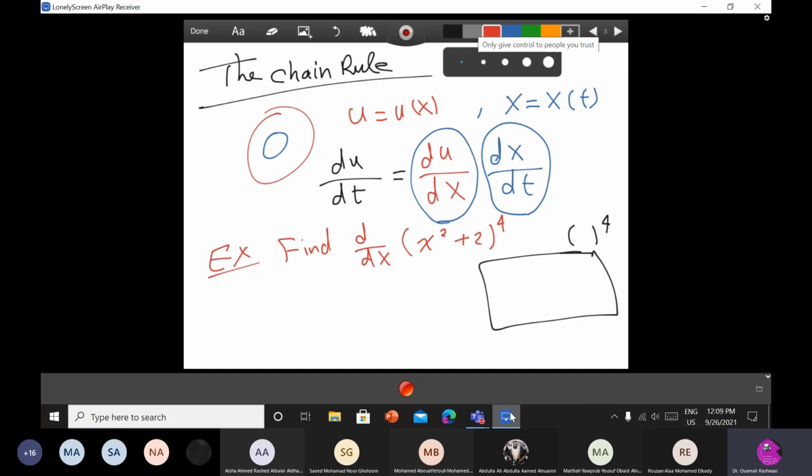What is inside this big one? I have x squared plus 2. So my u is this one. This is my u. Okay. And x, what is inside this one, right? Okay. So how to solve this one using the chain rule?